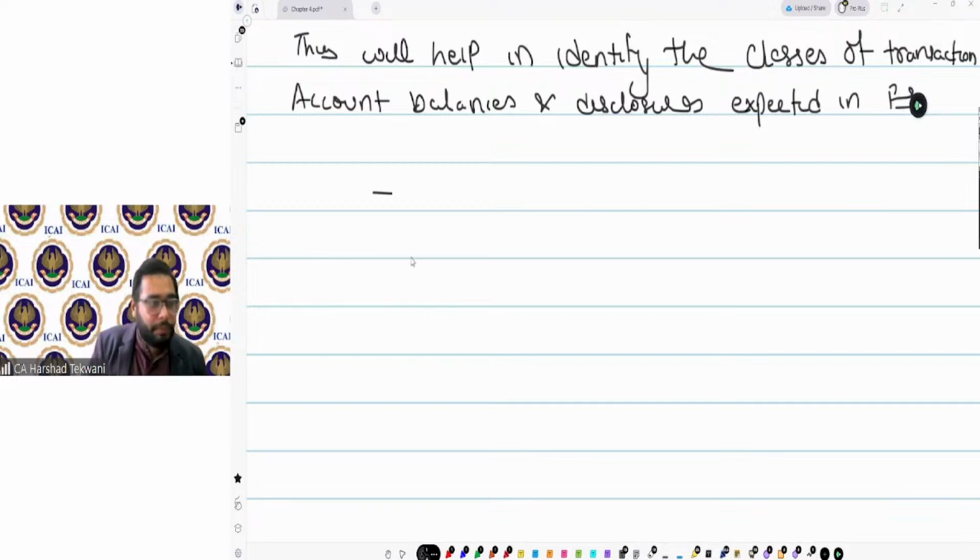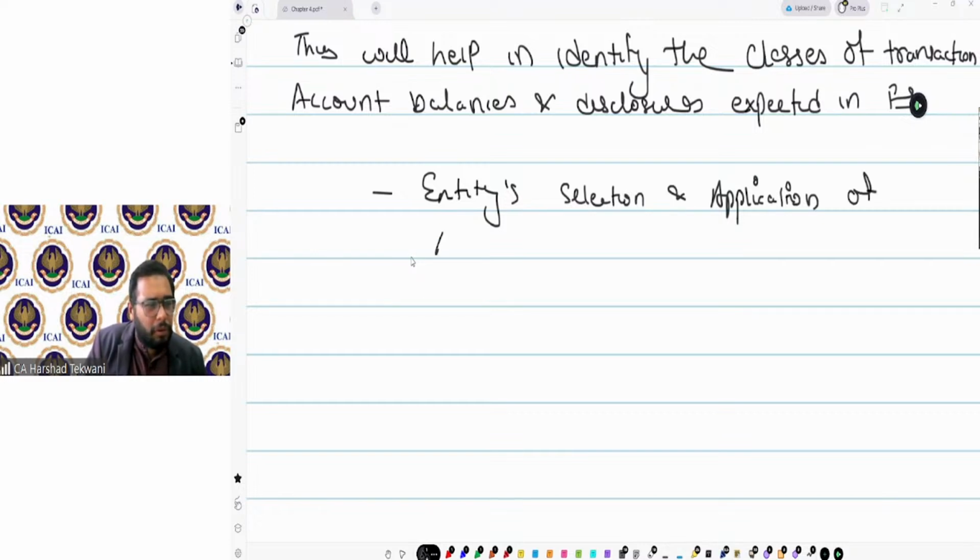Very important part. Entity's selection and application of accounting policies. Now, why?